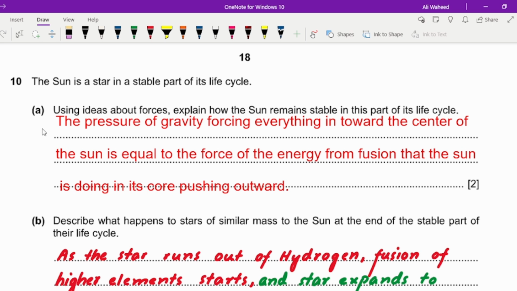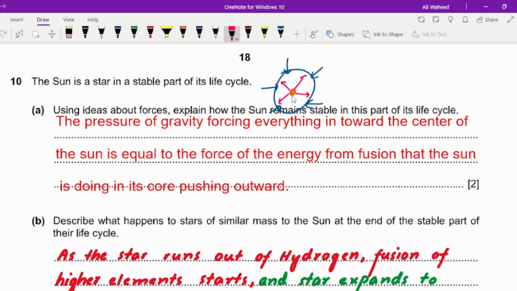And how does it remain stable? Because of two forces. One is the gravitational force that tries to compress the star towards its center. So there's an inward pressure which is balanced by an outward pressure that exists due to the energy, the high temperature or the heat released by the nuclear fission.